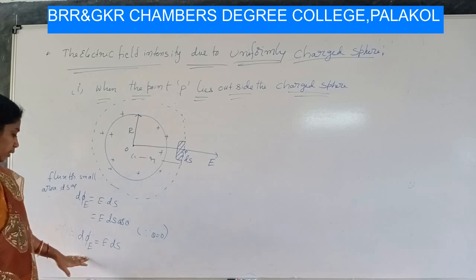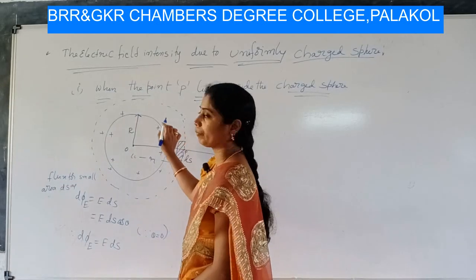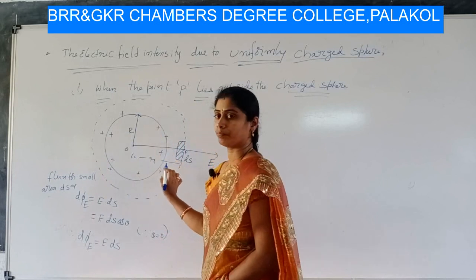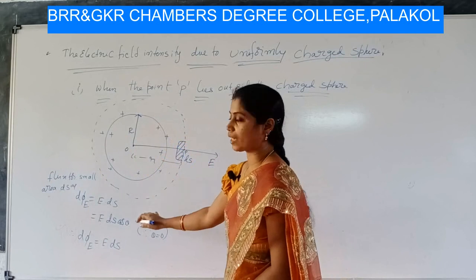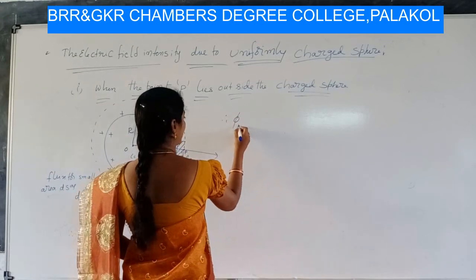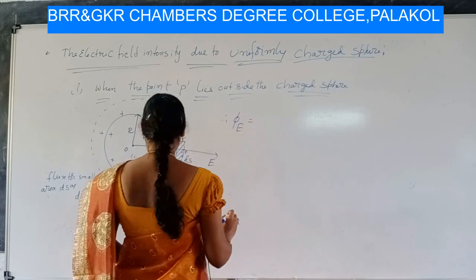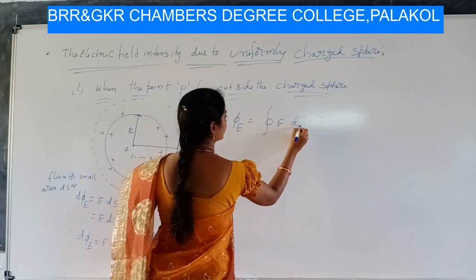Then we calculate the electric flux for this entire Gaussian surface. We integrate the above equation. Then we have the flux for the Gaussian sphere as phi is equivalent to closed integral E dot ds.